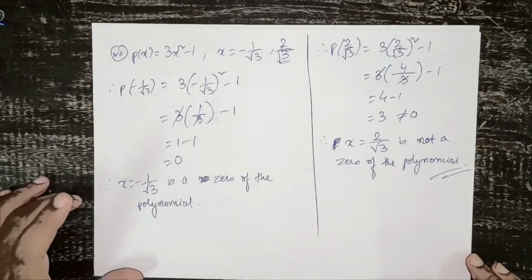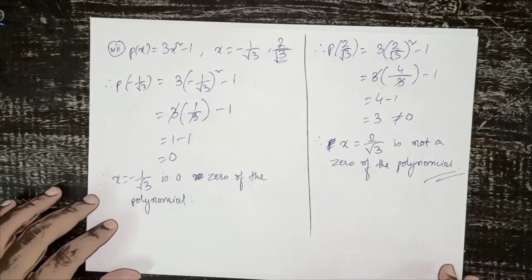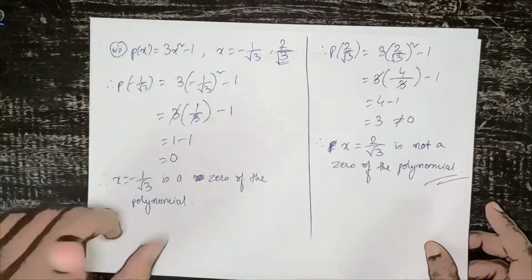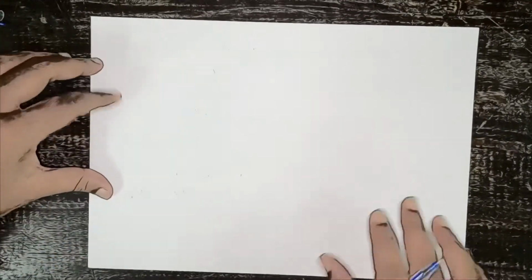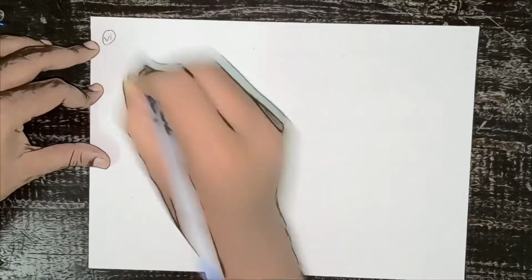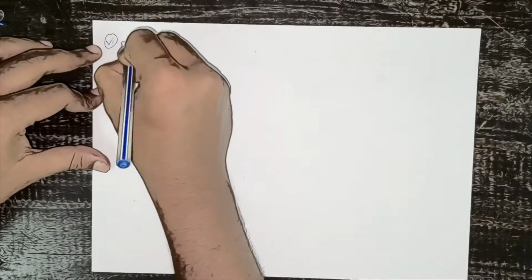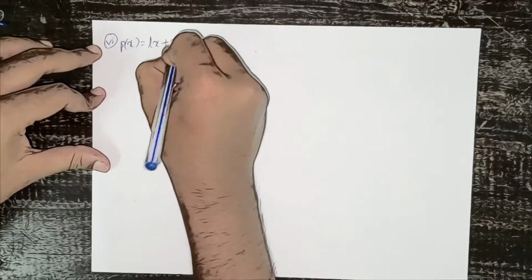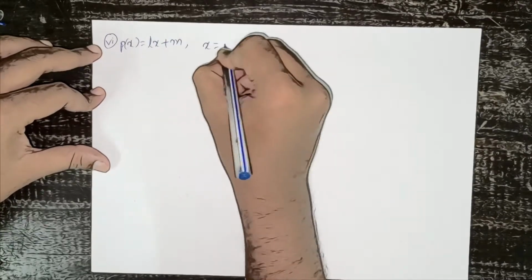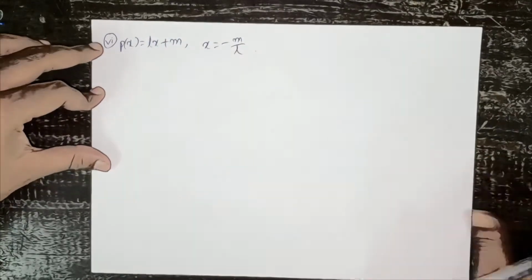The remaining questions that have been given can be solved pretty easily. If you still want, I can do one more for you. Let us do number 6. It looks a bit different, so some of you might get confused. What do we have in number 6? P of x is given as lx plus m, and x is equal to minus m by l. So again same thing.